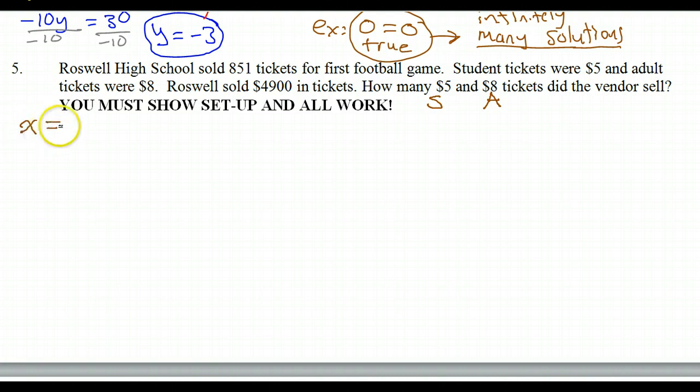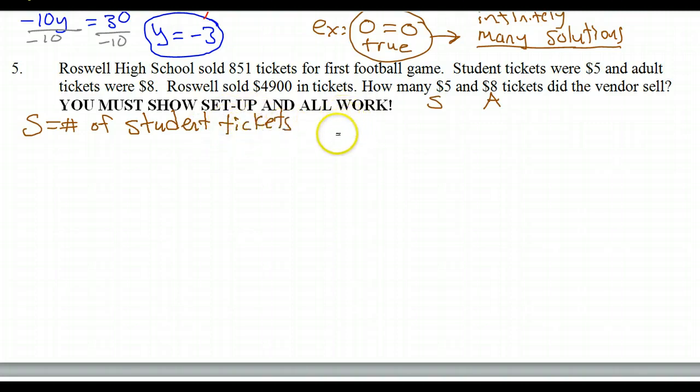So we'll let x equal the number of, you know what, I'm just going to use s and a. We'll let s be the number of student tickets. And we'll let a be the number of adult tickets.